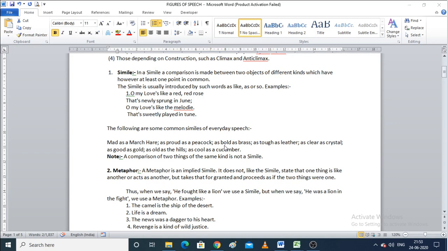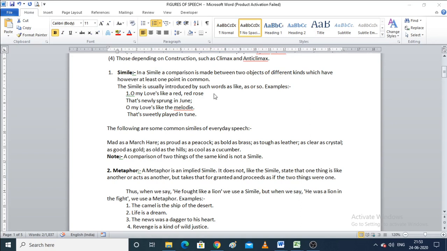Now, if you want to know whether we have simile in a particular poem line or not, the identification is that there will be 3 words that you will find in simile. First one would be like, or it would be as, or it would be so.